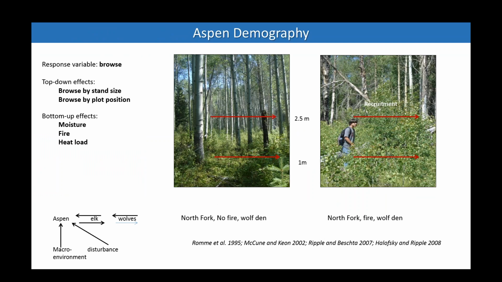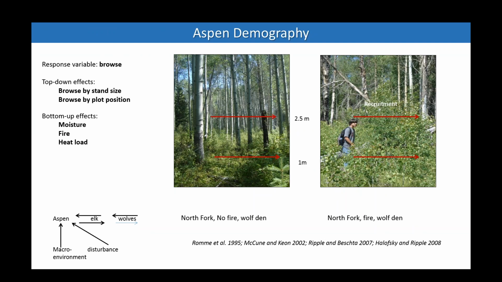And briefly, just looking at aspen, these are aspen in a wetland. I looked at size classes of aspen. So one meter, those are aspens that are very freely accessible to elk, who can browse aspen up to a height of 2.5 meters. And this is at a wolf den, an area where the collars showed that wolves were highly active.